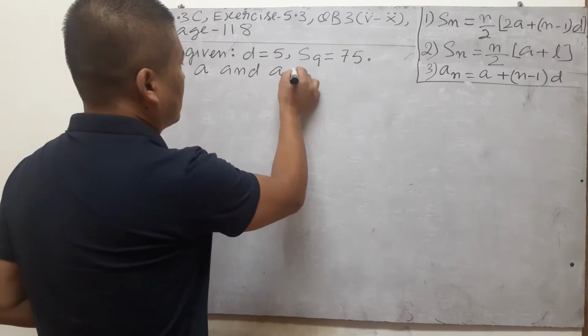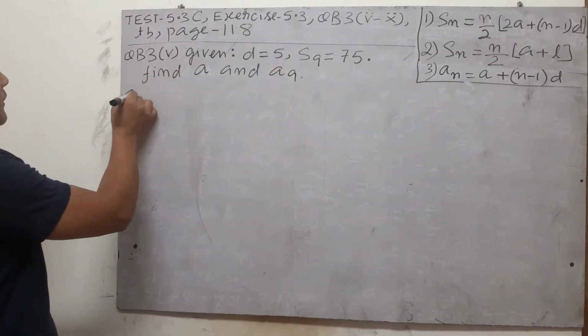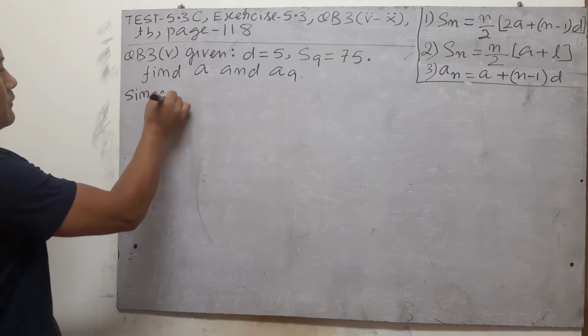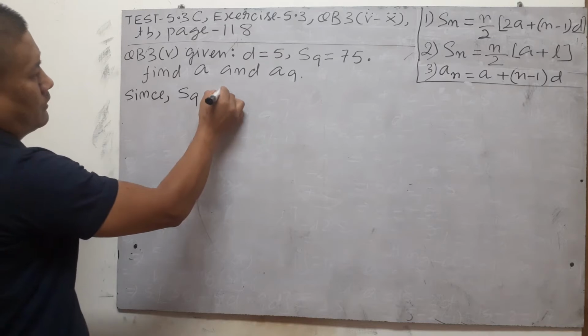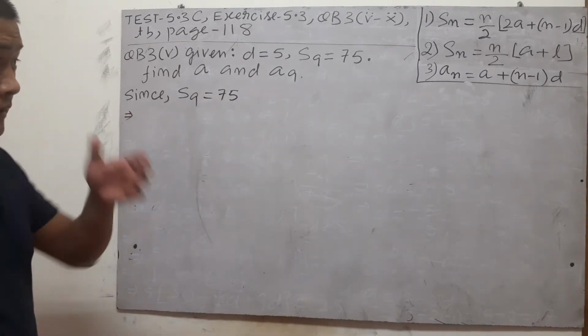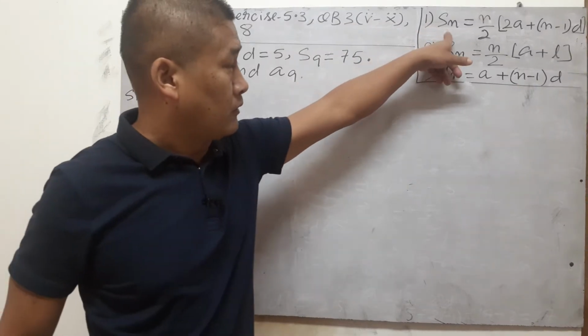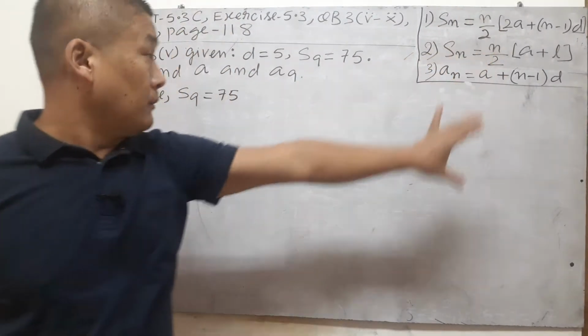So let's start. Now here, one clue is given to us: S9 is equal to 75. So we can apply this formula here, Sn equal to n by 2 into 2a plus n minus 1 into d.